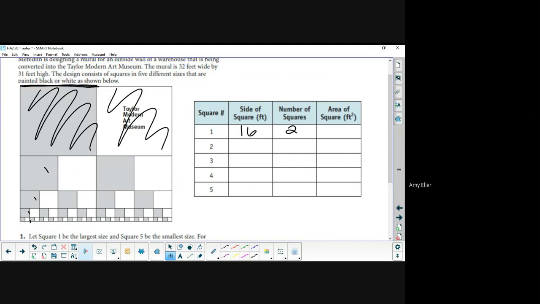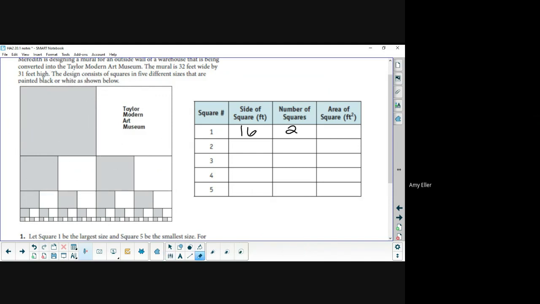So we're only talking about the squares that are 16 by 16. And the area of that square, if it's 16 by 16, what's 16 times 16? If you don't know, use a calculator. 256. I'm going to do the next one with you, and then I'll let you continue the table.